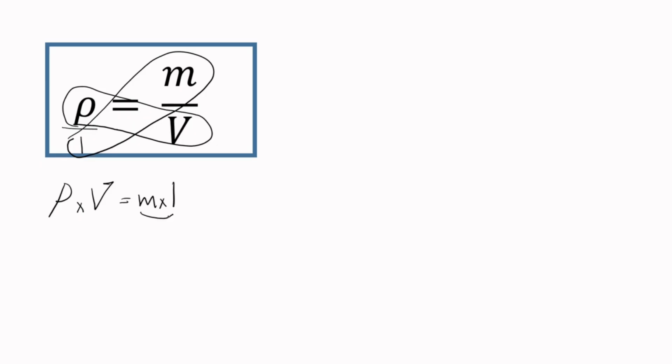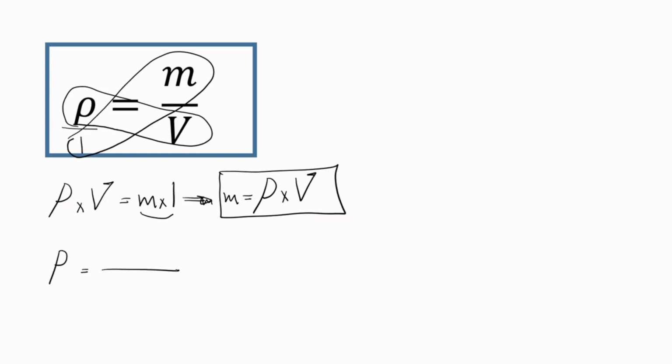Okay, if I do this multiplication, I'm going to flip the sides of the equation, M is equal to rho times V. This is the first formula that we need for calculating M. Okay, what should I do if I want to find the value of volume? In that case, let me rewrite the main formula again.